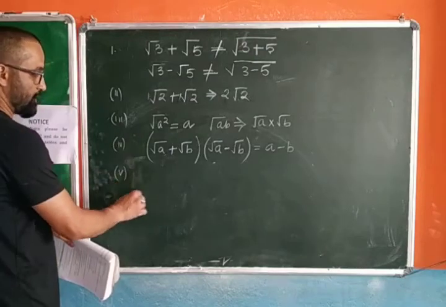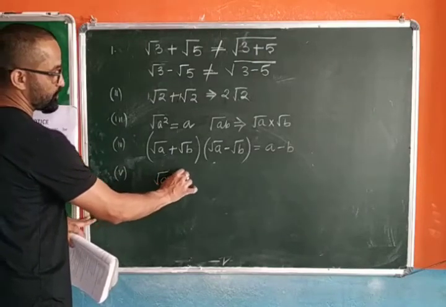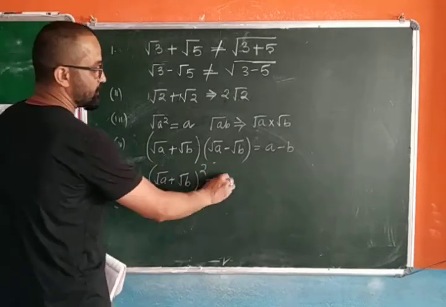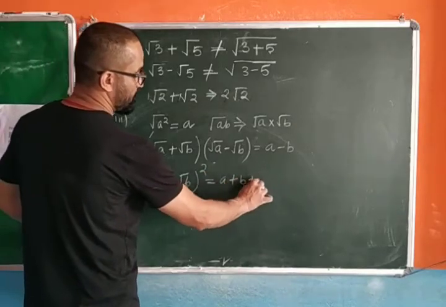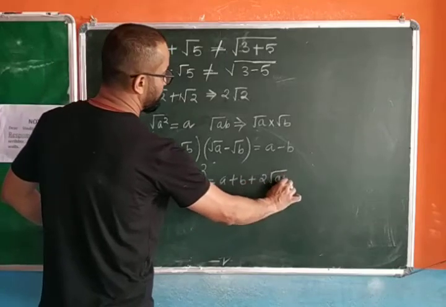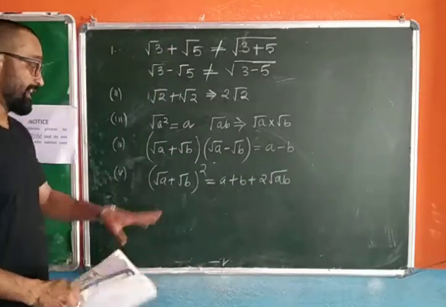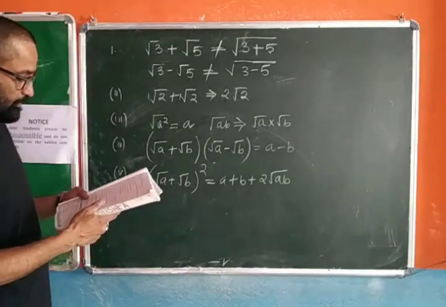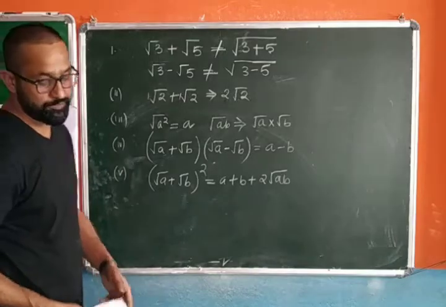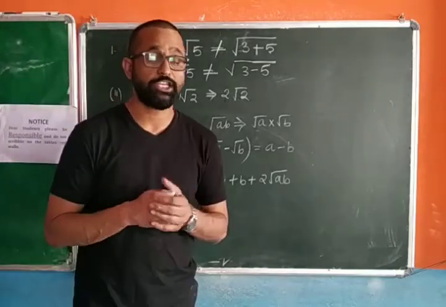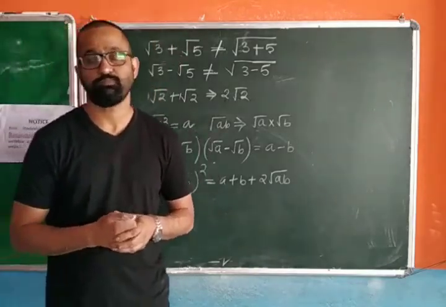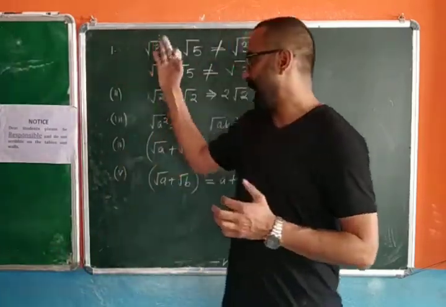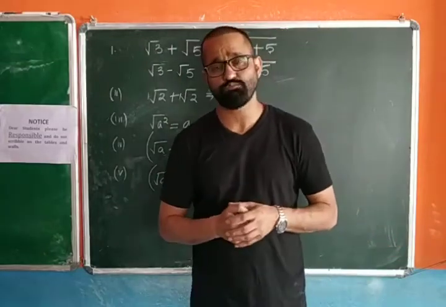The fifth one, suppose you have root a plus root b whole squared, it can be written as a plus b plus 2 root ab. Expansion of irrational numbers. So remember these 5 facts related to surds. I'll show you the application of these facts in the sums.